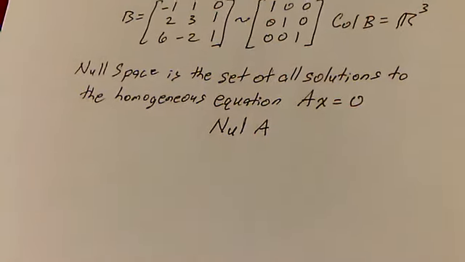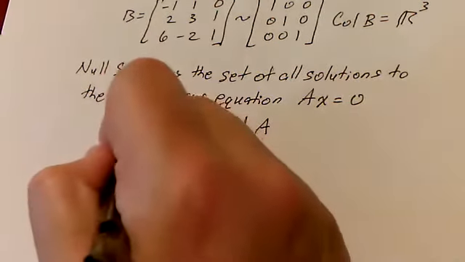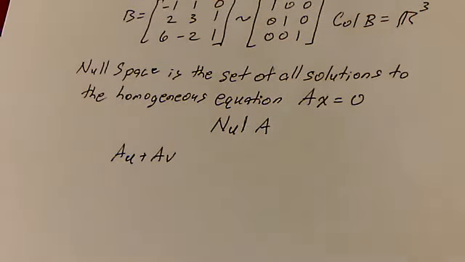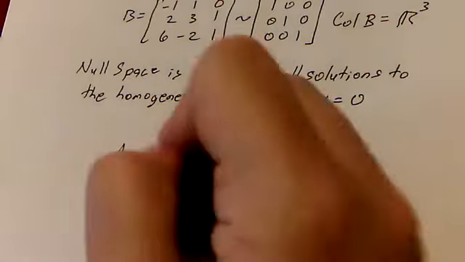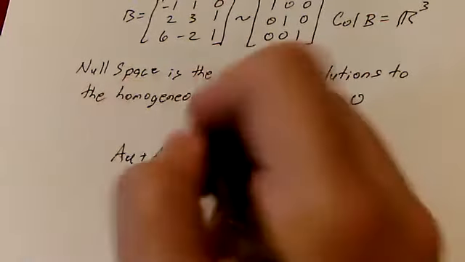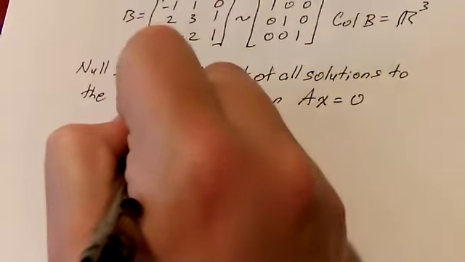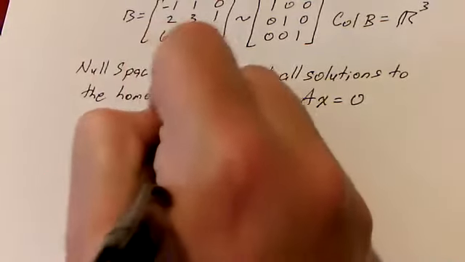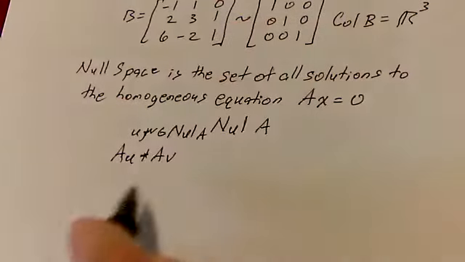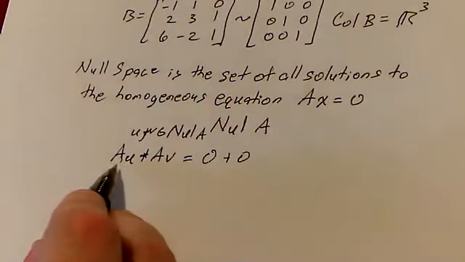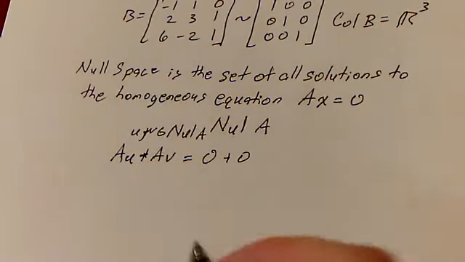And we know that that's going to be a subspace because if I take 2 vectors that are solutions, U and V, elements of the null space, then AU plus AV is just equal to 0 plus 0, because AU has to be 0 because it's a solution there.